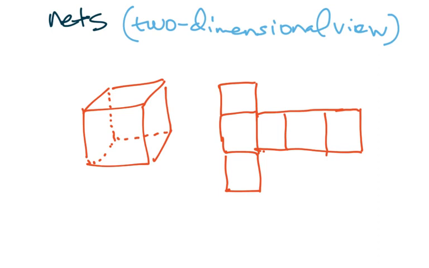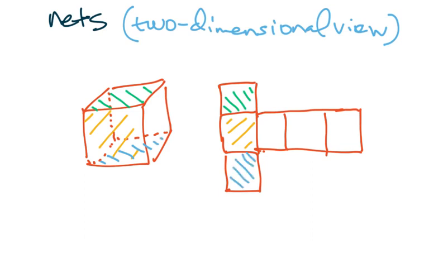Now, if I look at my original shape, the one on the left, this is what we'd probably call the front. Well, for the net you see to the right, the 2-dimensional view, this would be my front. And then my top would be over here. And my bottom, right here, would be over here.